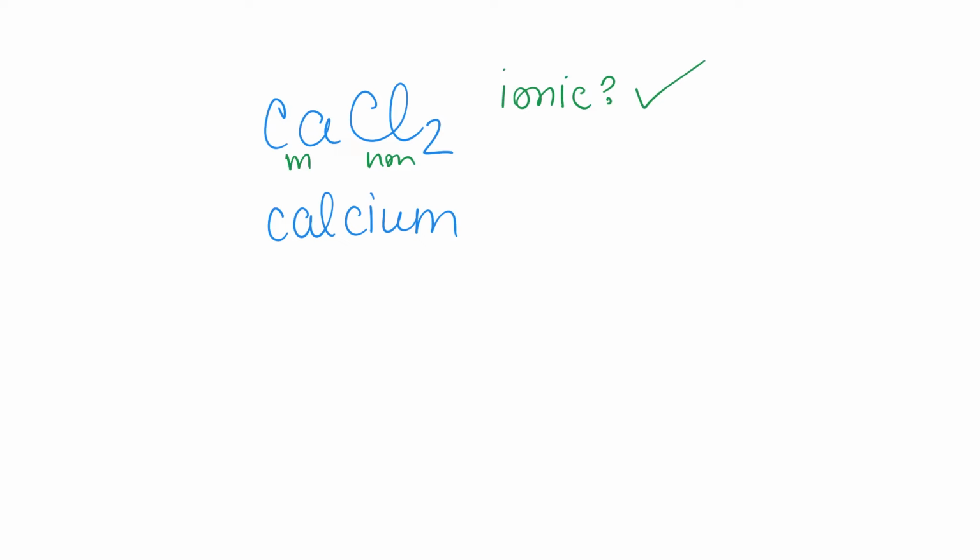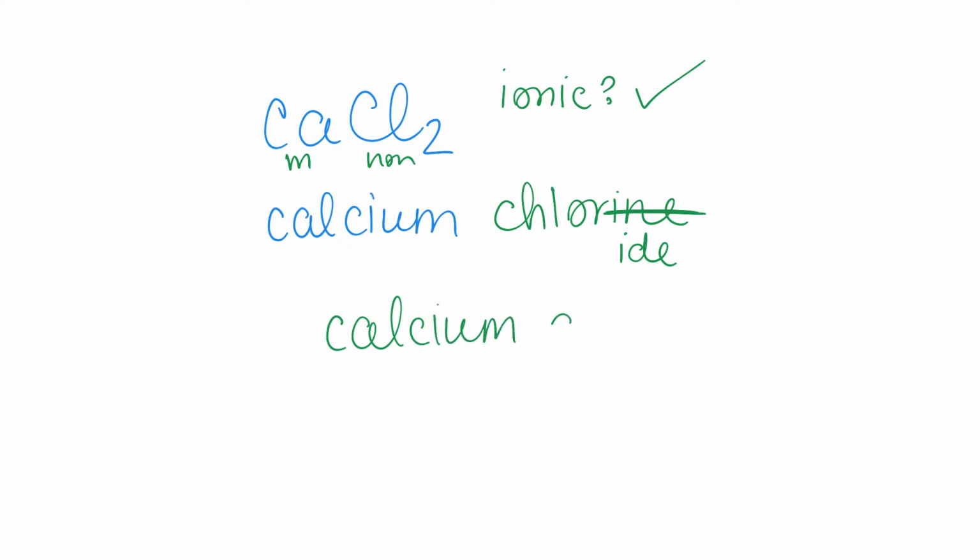So yes, this is ionic, so I'm going to keep going with my rule. So Ca is calcium. Cl, remember, I don't care about that 2 right now. That Cl is chlorine. And we're going to replace the end with ide. So this is going to be calcium chloride. And you have to write out the entire thing.